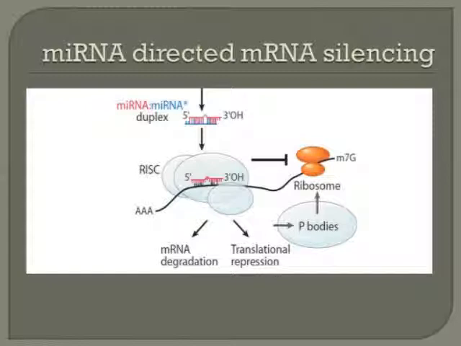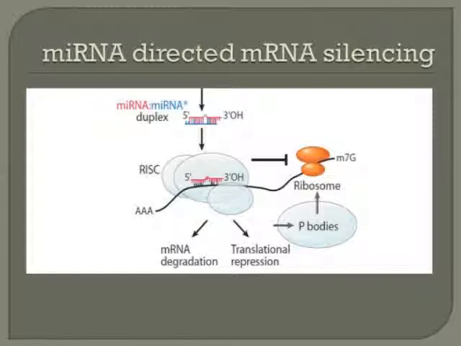If the microRNA binds the mRNA with perfect complementarity, this leads to mRNA degradation. And if the binding is not perfect, and if you have gaps, then you have a translational repression, that is, the mRNA does not produce proteins, and the mRNA is then transported to a vesicle where it is stored, and this vesicle is called the P-bodies.